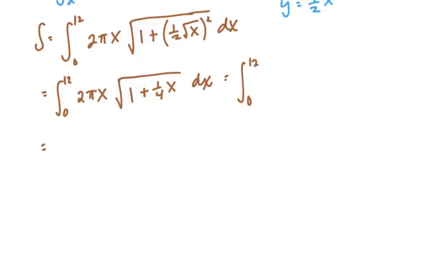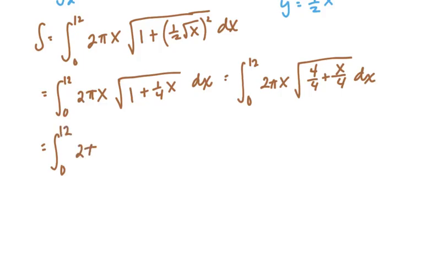We're going from 0 to 12, 2 pi x, the square root of 4 over 4 plus x over 4. So we have the integral from 0 to 12, 2 pi x times the square root of (4 plus x) all over 4 dx.